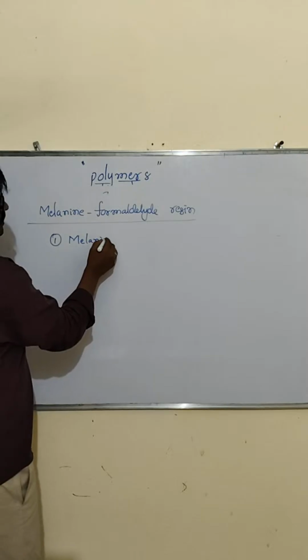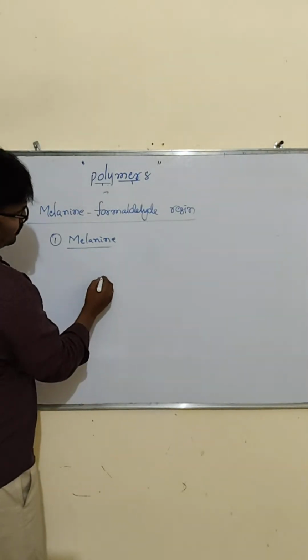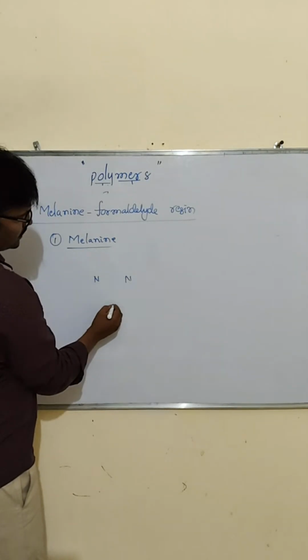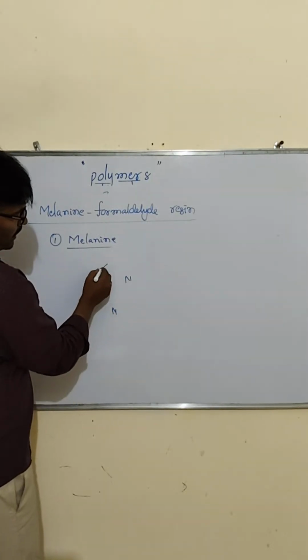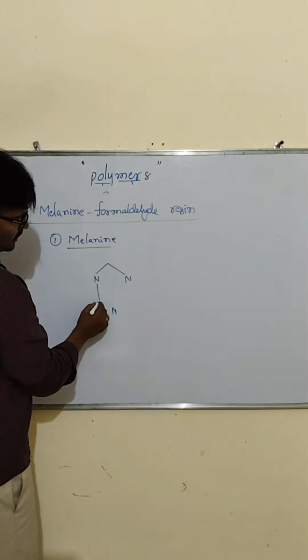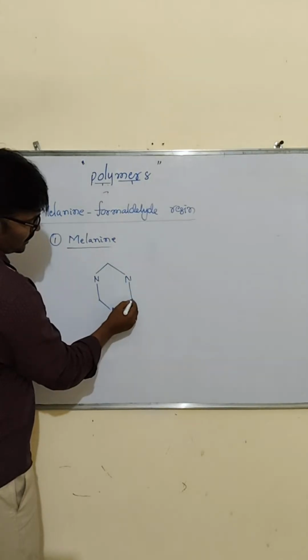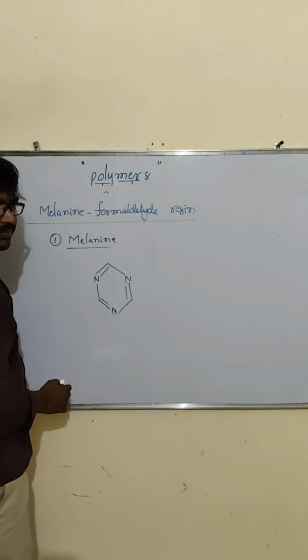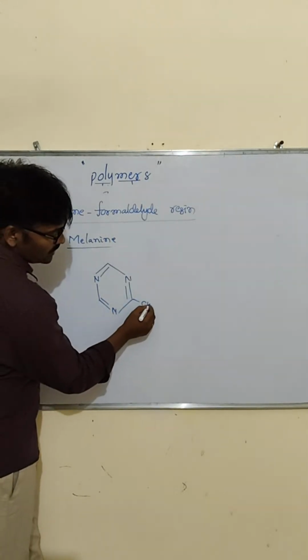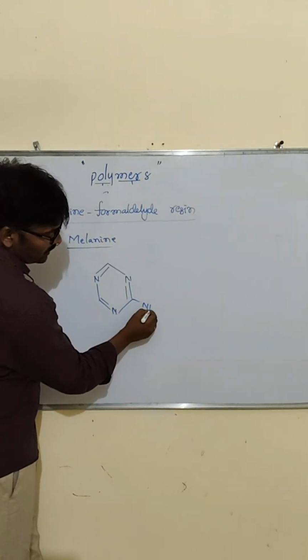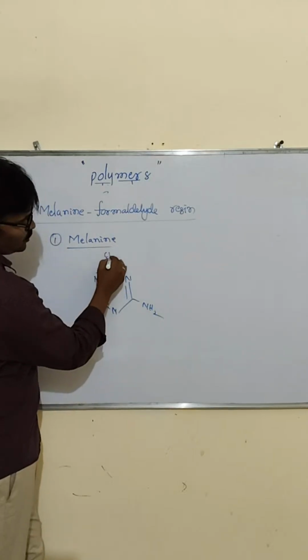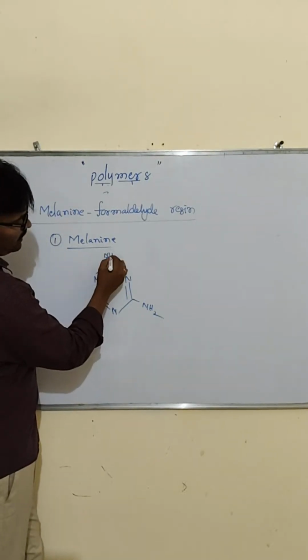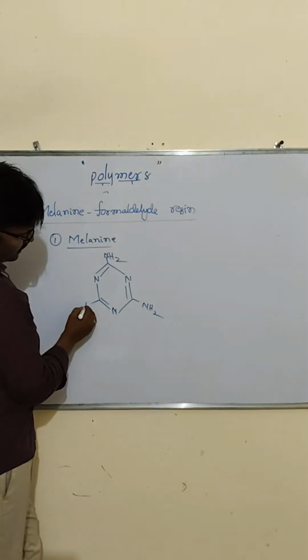Melamine. How will it be present, the melamine, you know? So nitrogen, then see, a benzene type of structure will be formed, same like that, with alternate double bonds also present. Wherever the CH would be present, there is NH2, NH2, then NH2.